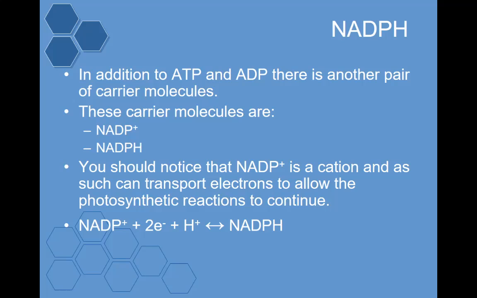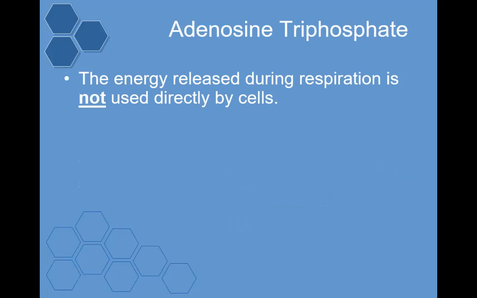So we will take NADP plus, two electrons and hydrogen ions to manufacture NADPH. So NADPH is the full high energy form, the charged battery, and NADP plus is the spent or used form of the NADPH. I don't want to spend a lot of time on this because we're going to really focus on ATP because that's most of the energy your body's going to use.